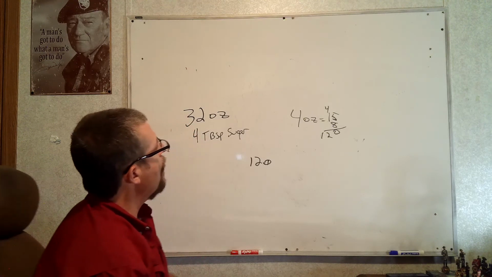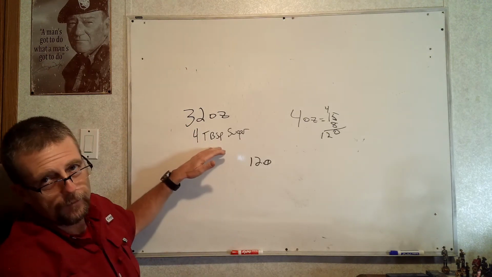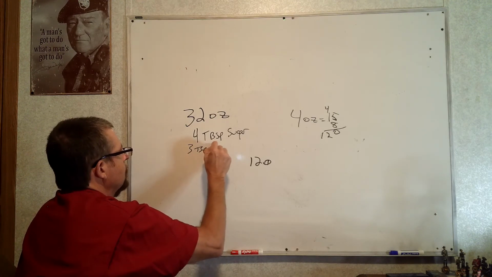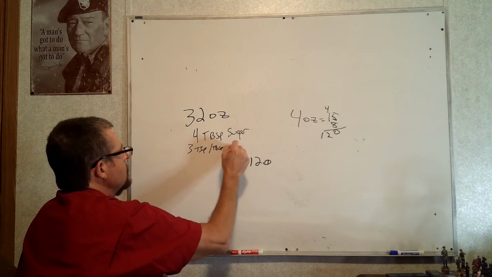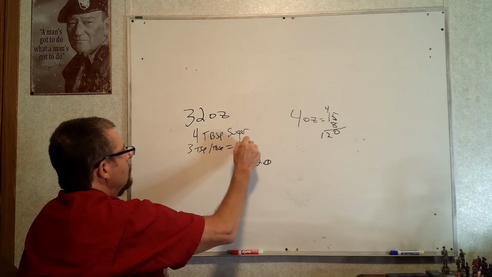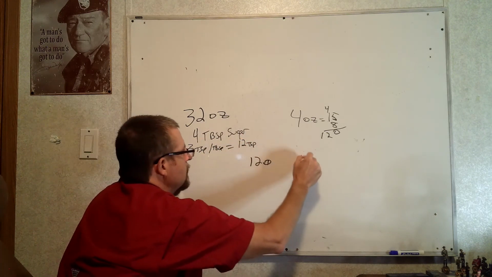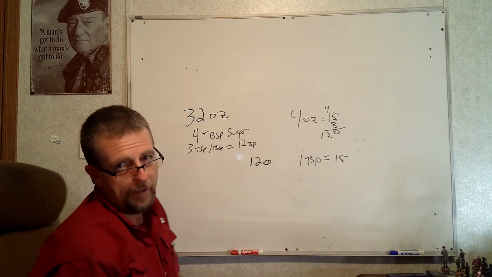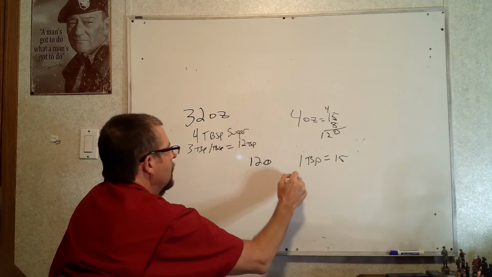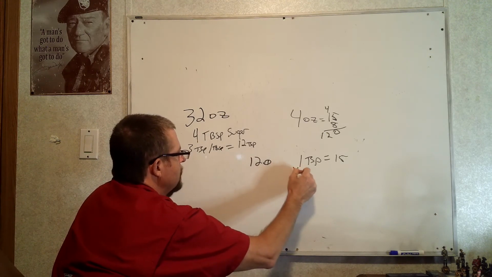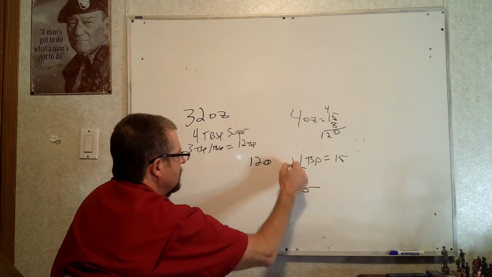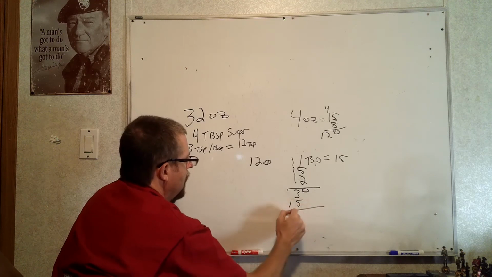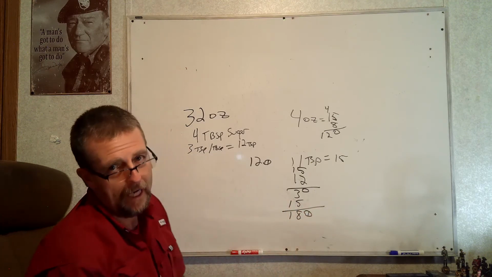So now we've added 4 tablespoons of sugar. There are 3 teaspoons in a tablespoon, so that is equal to 12 teaspoons. 1 teaspoon of sugar has 15 carbohydrates in it. 12 times 15 is 180 carbohydrates.